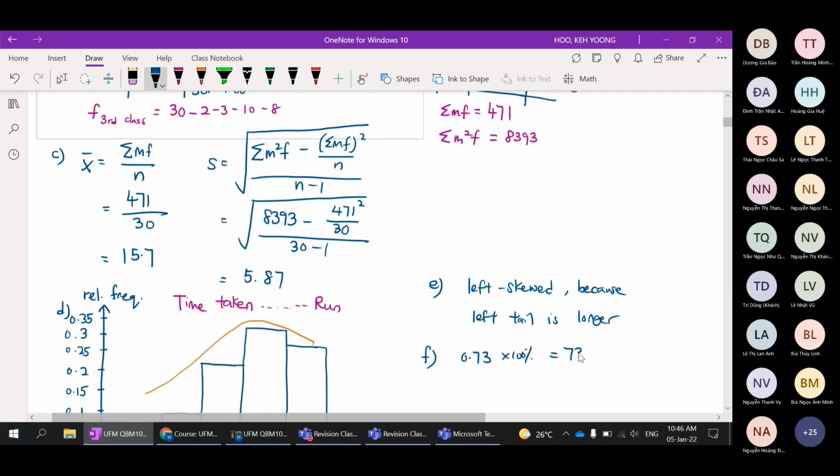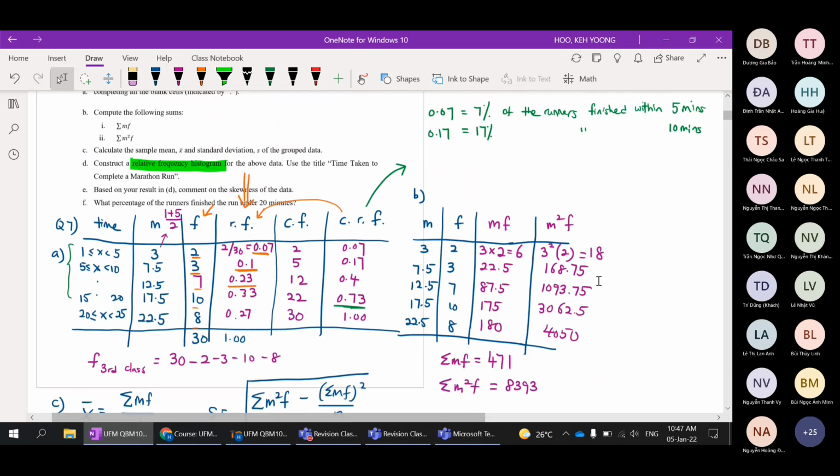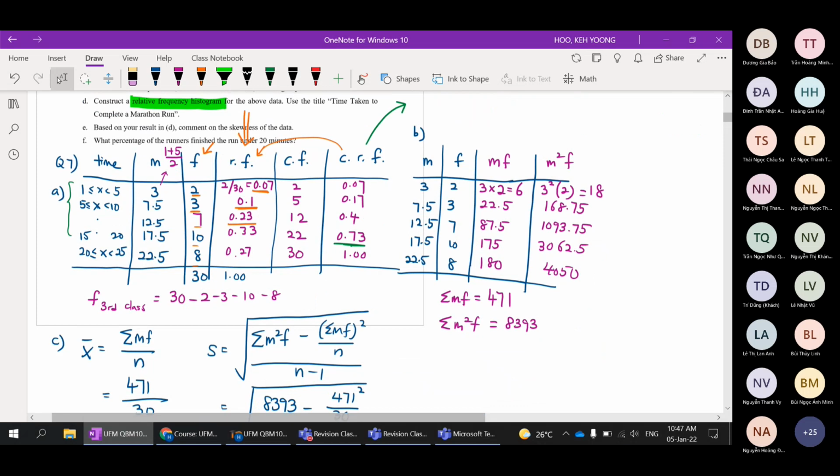So 73% of the runners finish within 20 minutes. They could be from the first, second, third, or fourth class, as long as they finish within 20 minutes.